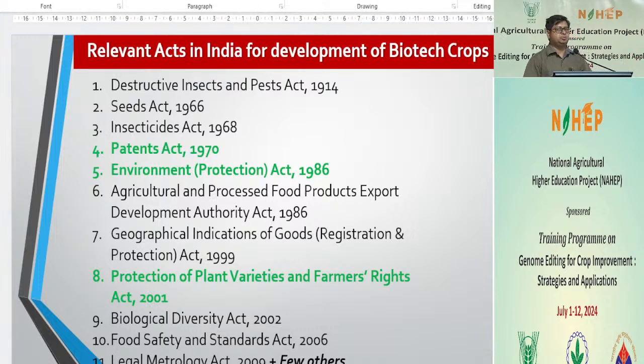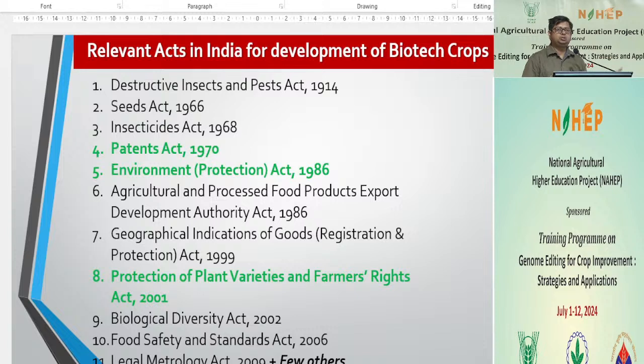These 11 laws are very relevant to biotechnology. Anybody having a biotechnology program must know about these 11 laws.